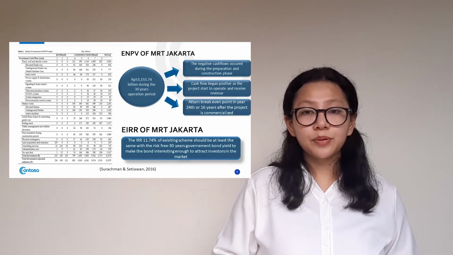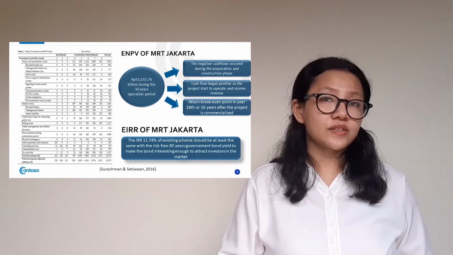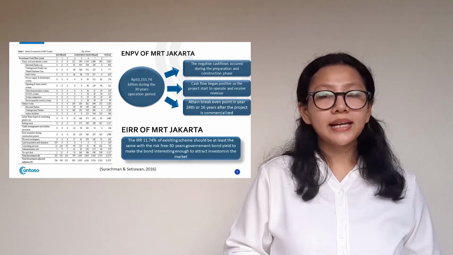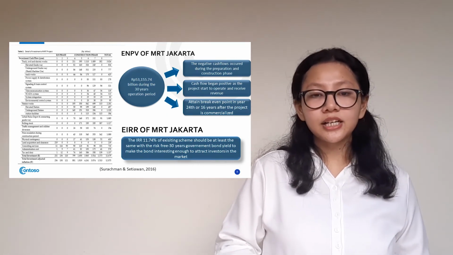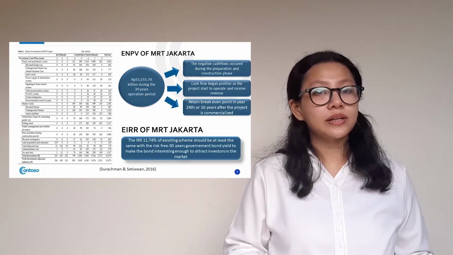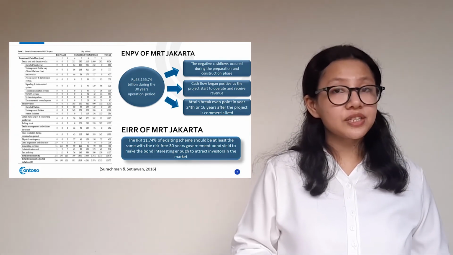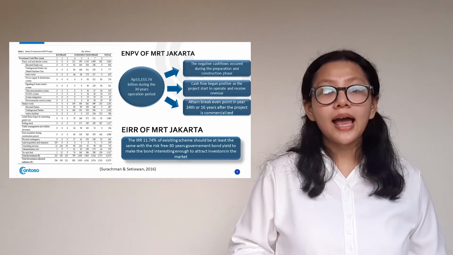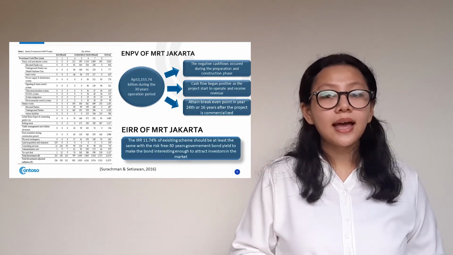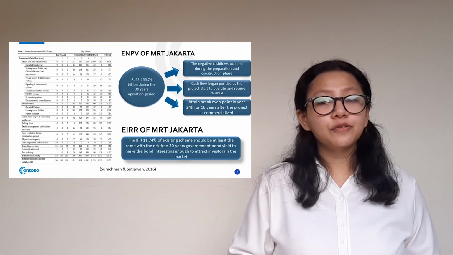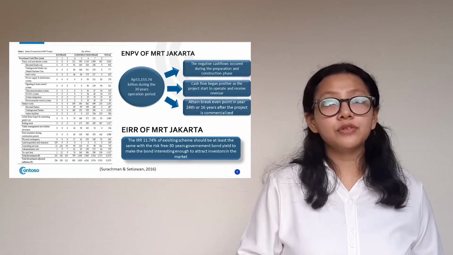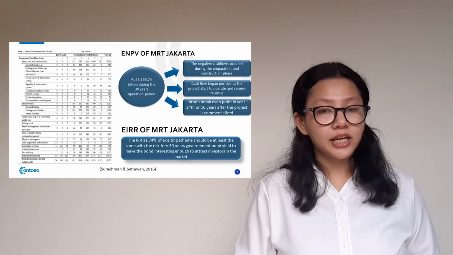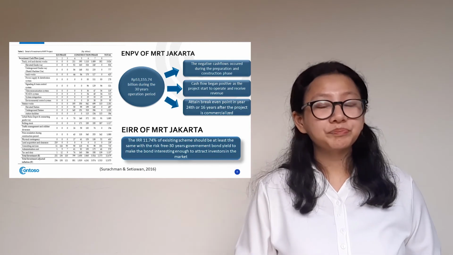Based on the existing project cost structure with adjusted inflation and existing financing scheme provided by the SIPR study in the study conducted by Surahman and Setiawan in 2016, the financial feasibility resulted in strong results of EIRR at 11.74% and ENPV at 53,155.74 billion rupiah during the 30 years of operation period.